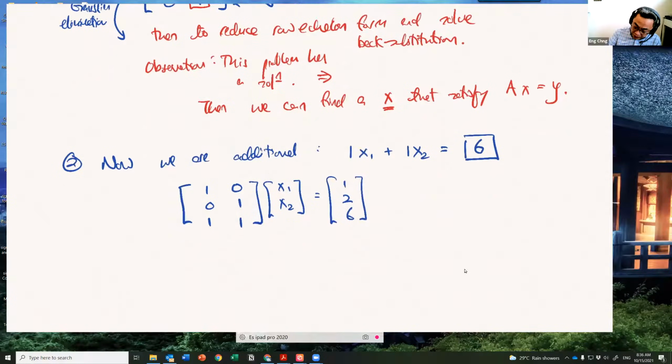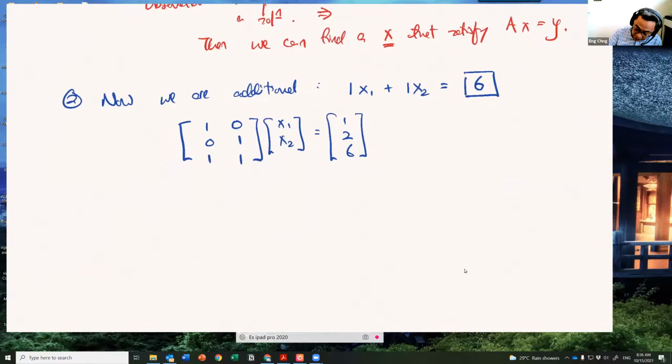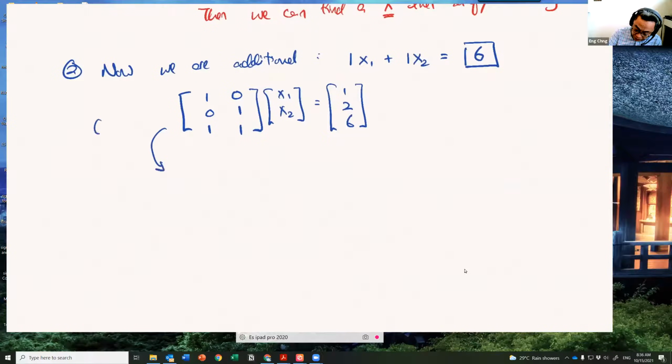And now, of course, if you perform Gaussian elimination, what do we get? So the only interesting thing is the last equation. So by Gaussian elimination, we do it this way. And of course, this is a dotted line, and on the right-hand side is the 1, 2, 6.